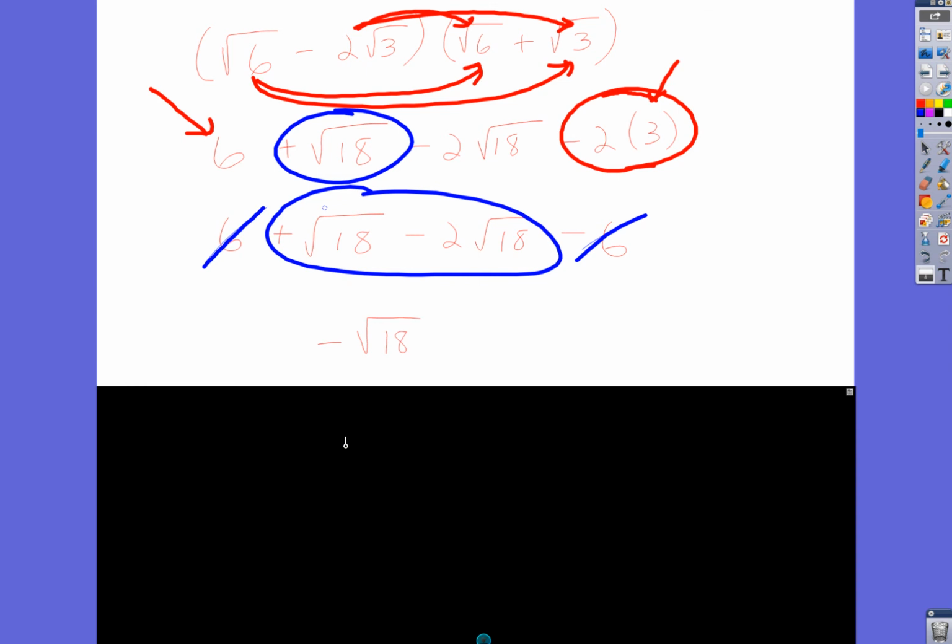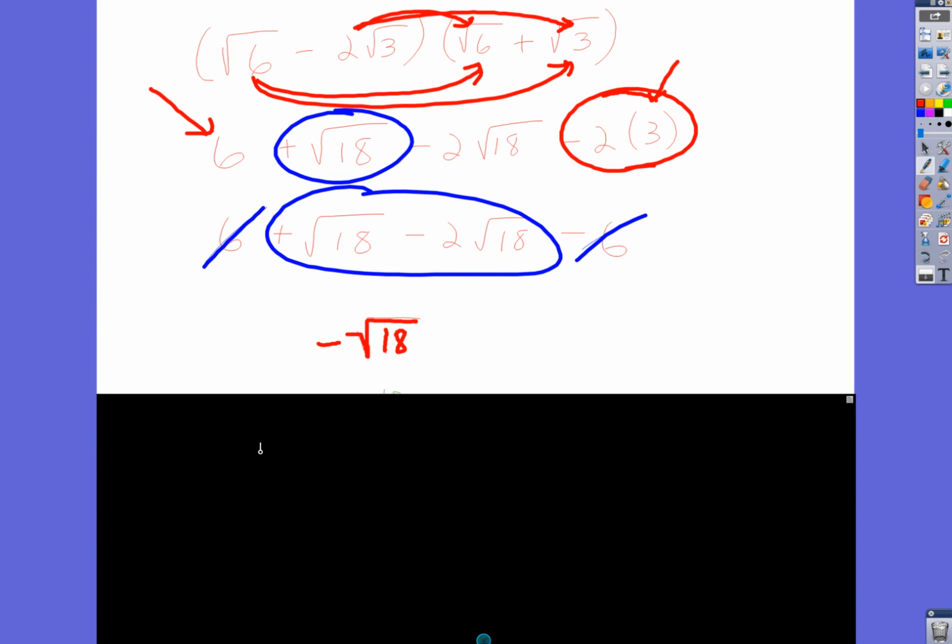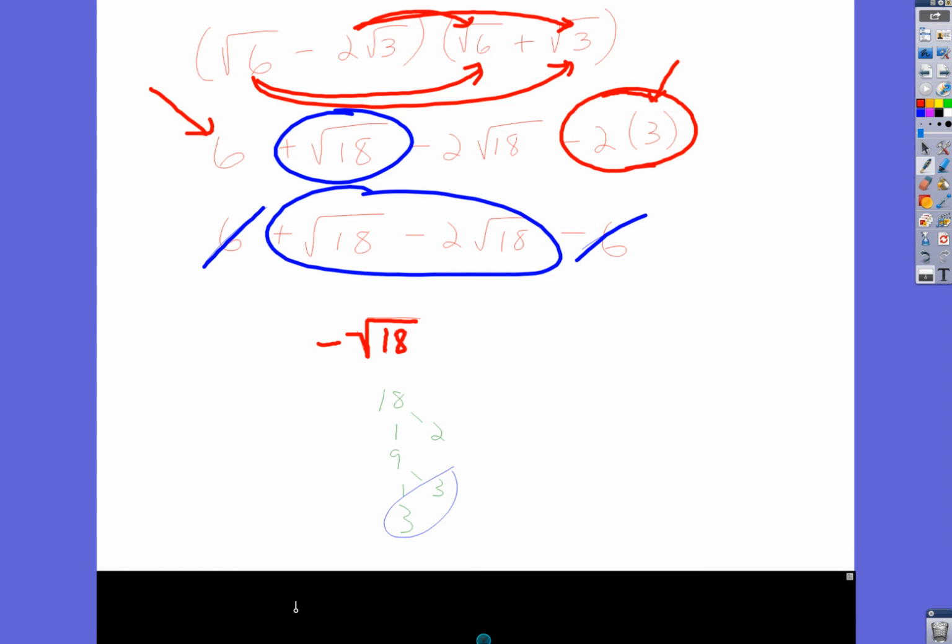But I can't leave it like that because I'm not in simplest radical form. Madison Picard, what's the last step? Do a factor tree. I can bring out a 3 on the inside.